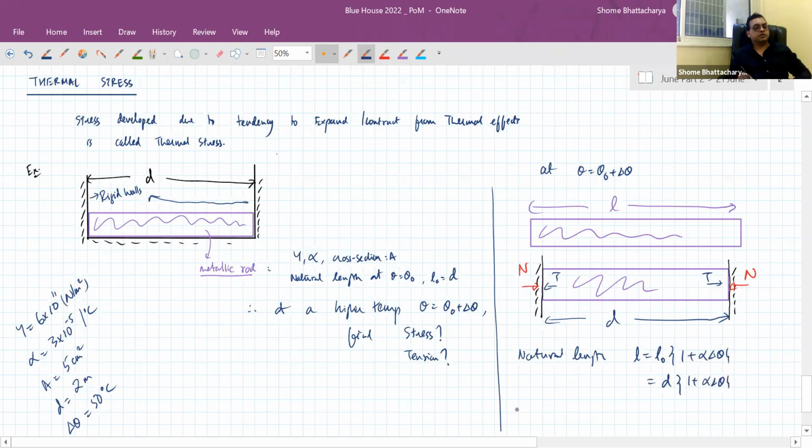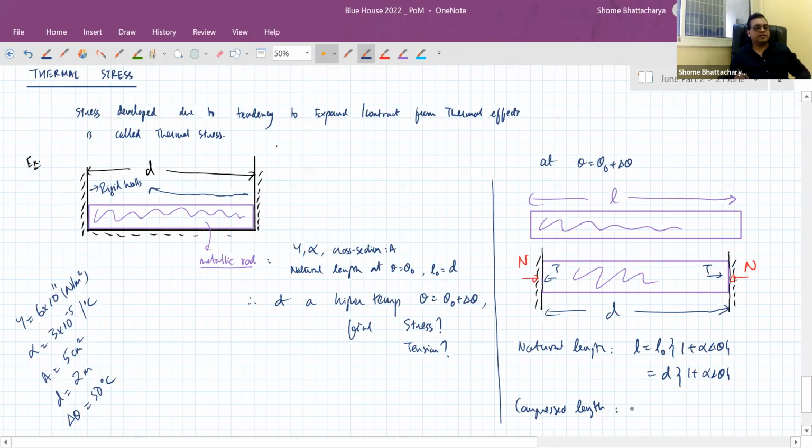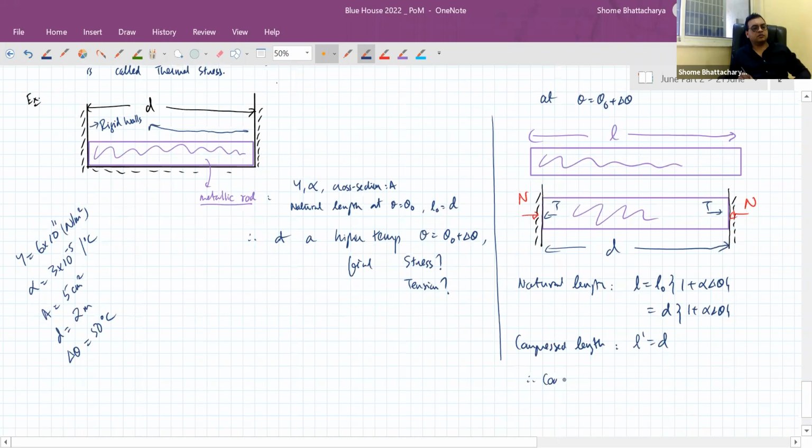But the compressed length, due to the compressional force that develops as a normal contact force applied by the walls, is equal to D only. So you can see that the compression delta L is basically the natural length minus the compressed length, which is equal to D into alpha delta theta.